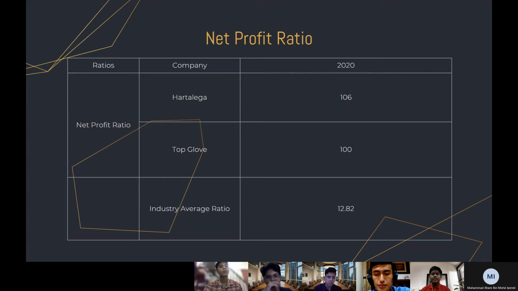A low net profit margin ratio means that the company has an ineffective cost structure and poor pricing strategies, which result in higher cost. From this ratio, we can agree that Hartalega has more effective control on their cost and a better pricing strategy.